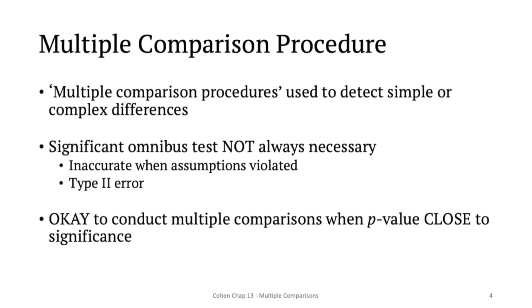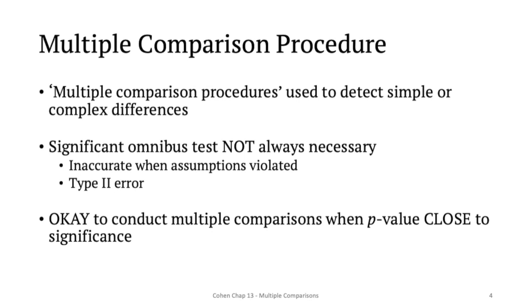Now, one thing to note is that a significant omnibus test is not always necessary, especially when you have some very distinct questions up front, a priori. Sometimes the ANOVA might not be significant, and that could be because our assumptions are violated, or because of type 2 error, which means we just missed it.